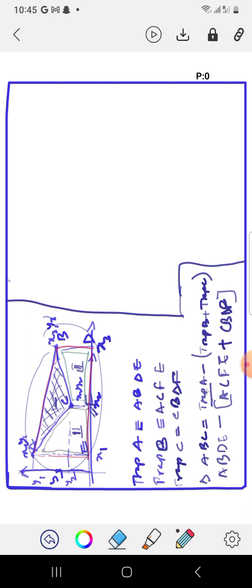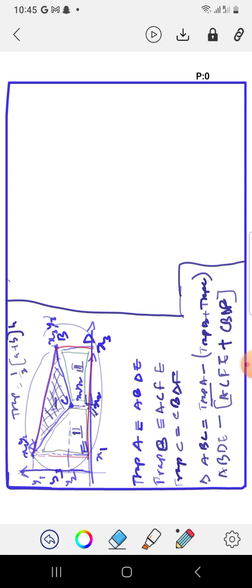Trapezium A. You know the area of a trapezium is 1/2 times (A plus B) times H, where A and B are the parallel sides and H is the height.